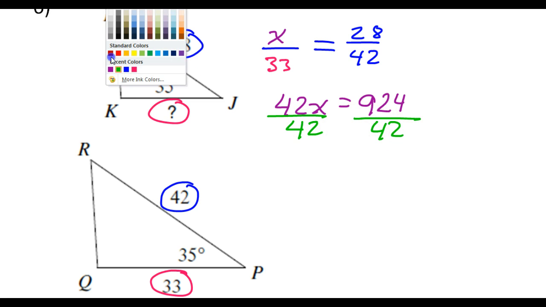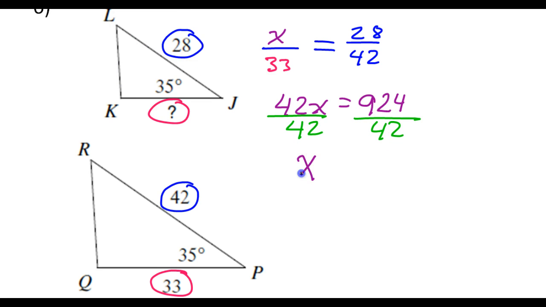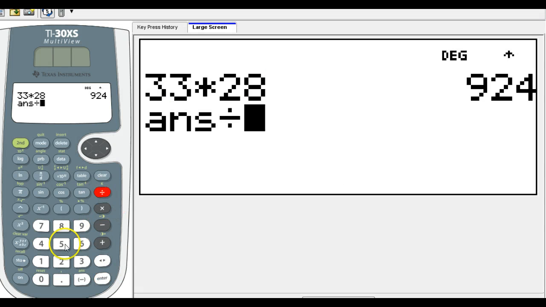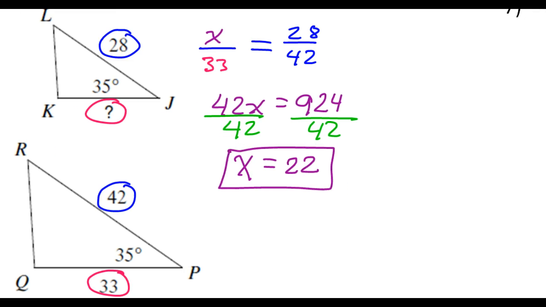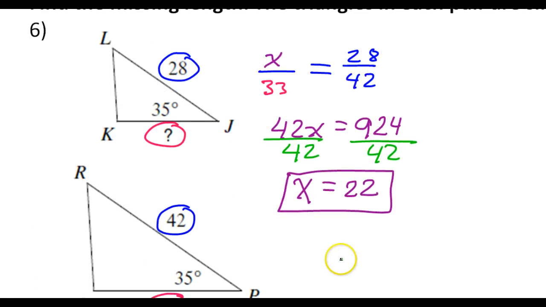If you divide both sides by 42, you get 22. Okay, so that was number 6.